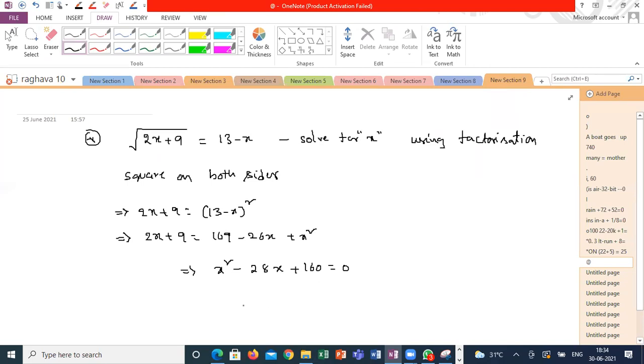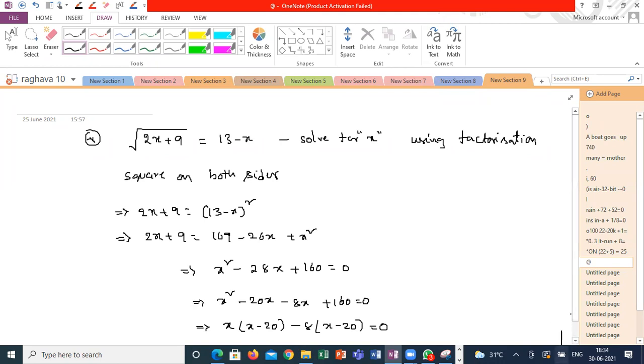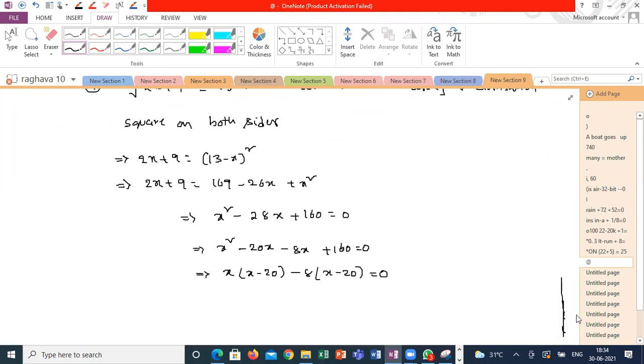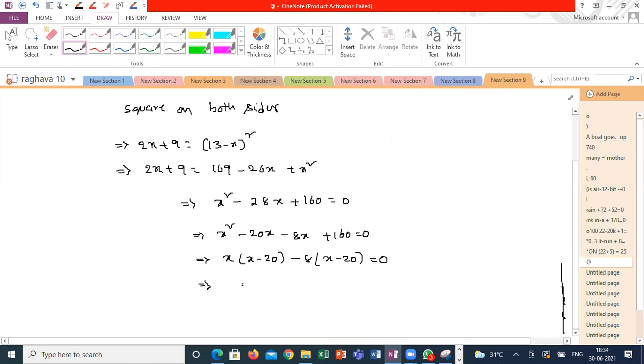Is it minus 160 or plus 160? Guys, answer from only one person, not getting answers from multiple persons. I got my answer as 20, 8. Has everyone got the same answer for this question? Yes, sir.